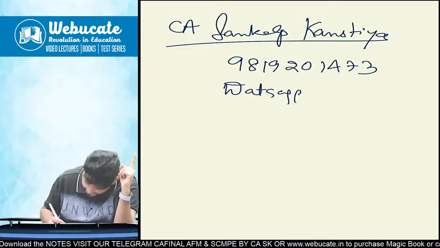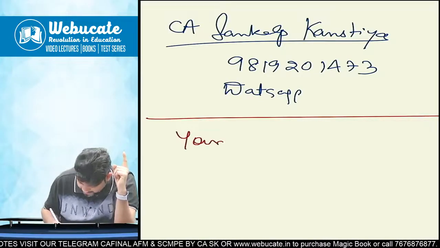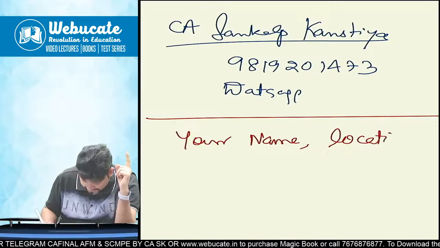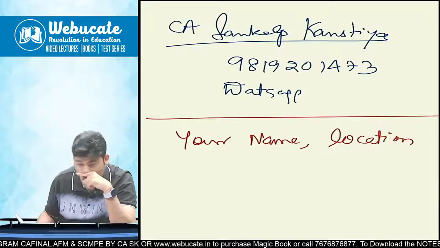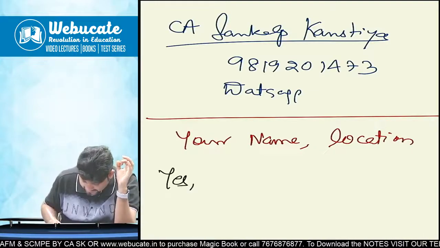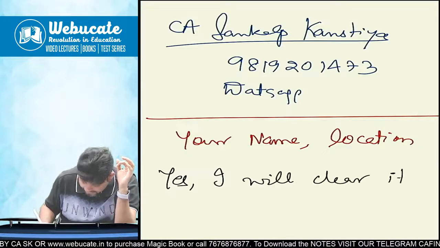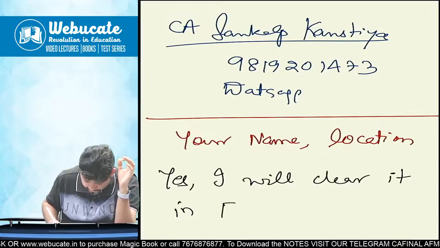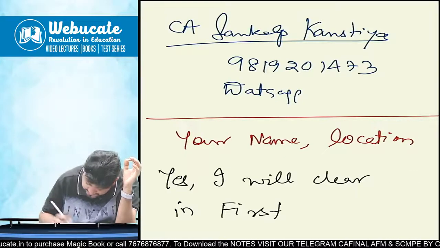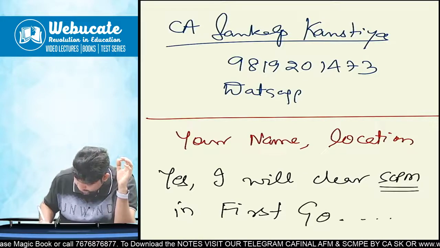Okay, now what you have to send me is your name. Just drop me a WhatsApp with your name, your location, and you have to send me this: Yes, I will clear SCPM in first go.